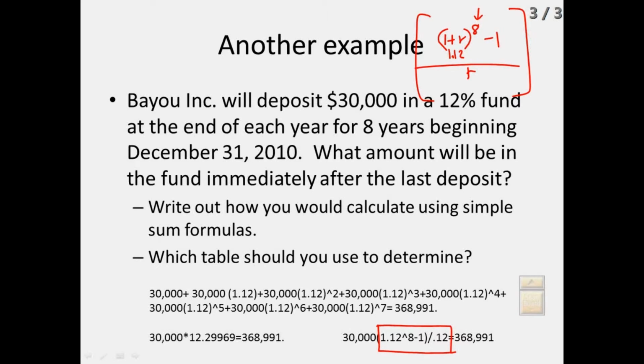Okay, so that's just trying to show you how you can convert $240,000 into $368,000. Right? So you're only putting in $30,000 per year, but because it's generating interest, the nominal value of $240,000 turns into $368,000. Okay?